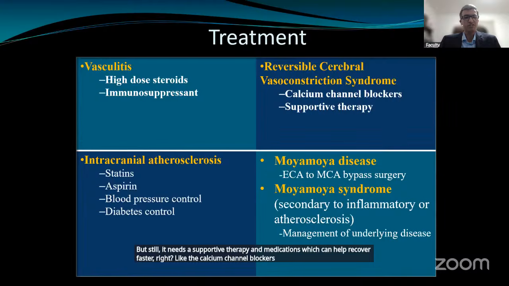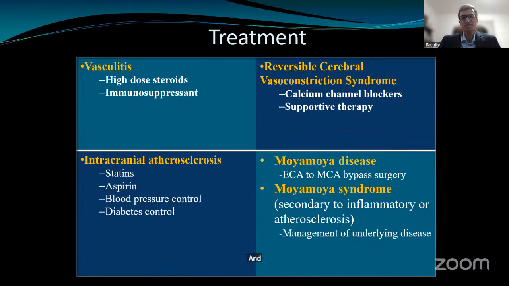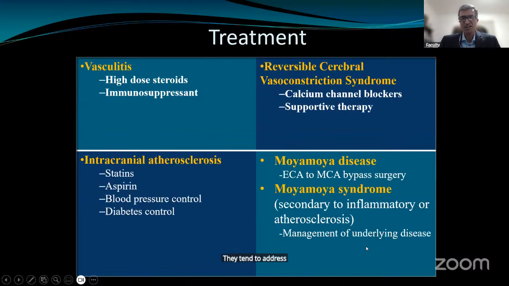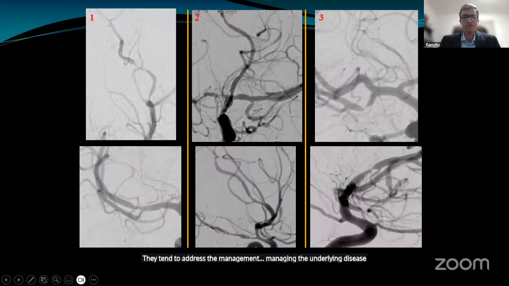And you have intracranial atherosclerosis, where tight blood pressure control, diabetes control, statins and aspirin are very helpful in these patients. And you have Moyamoya disease and Moyamoya syndrome. For disease, to avoid further ischemic strokes, they tend to do bypass surgeries, and for Moyamoya syndrome, they tend to manage the underlying disease, right?